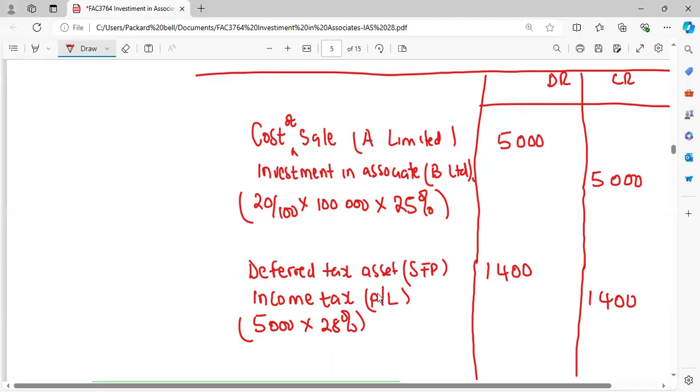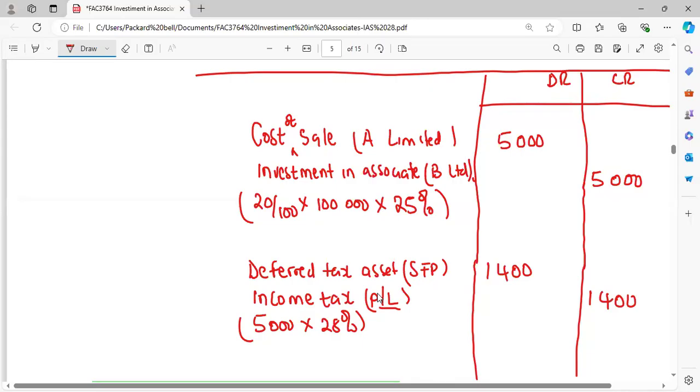If tax decreases, it means you are now going to have an asset. SARS is owing you. So that one is going to be a deferred tax asset, and you are going to reduce your income tax expense by the same amount as your deferred tax. So that's what this double entry means.